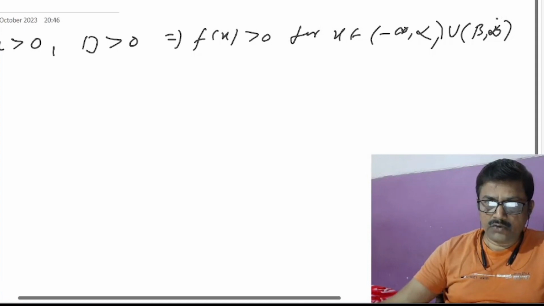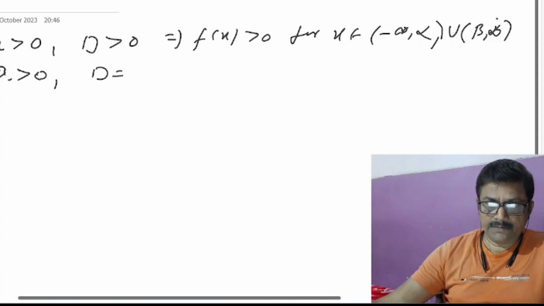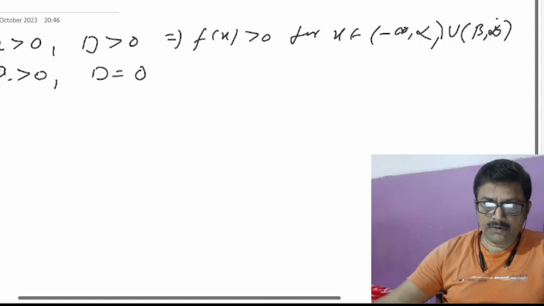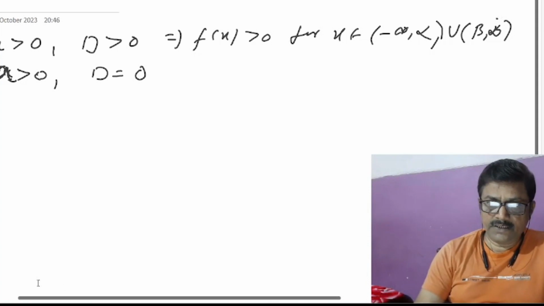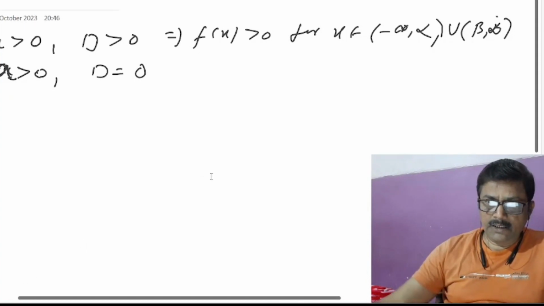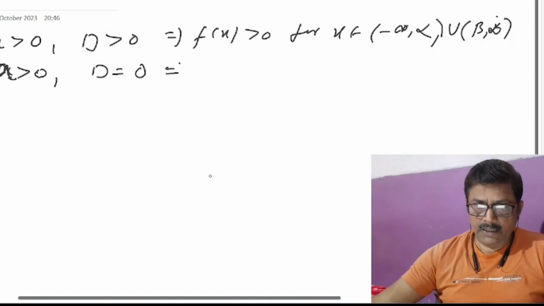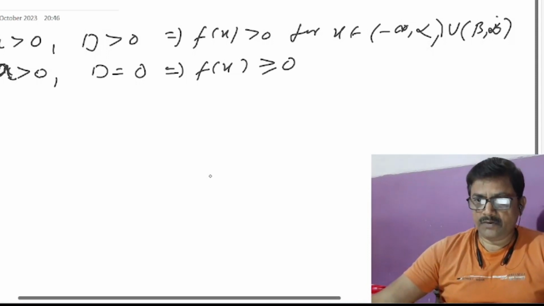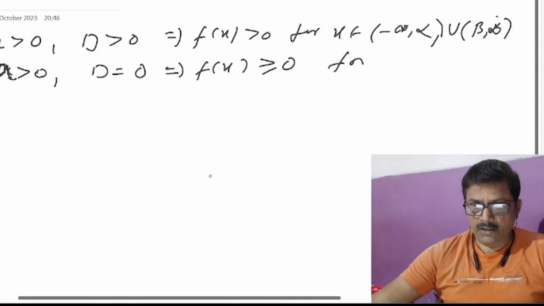And also you learned if a is positive and the discriminant is equal to 0, then f(x) will be greater than or equal to 0 for all x.